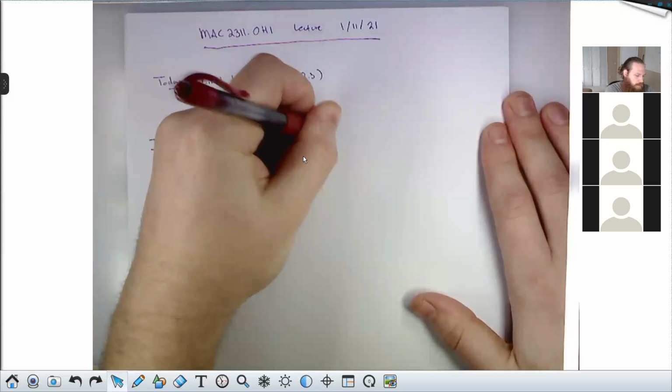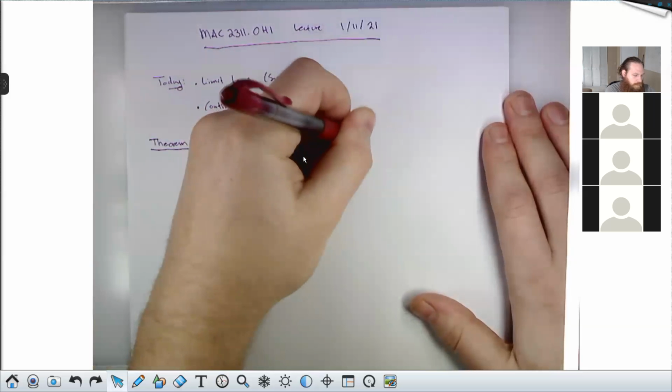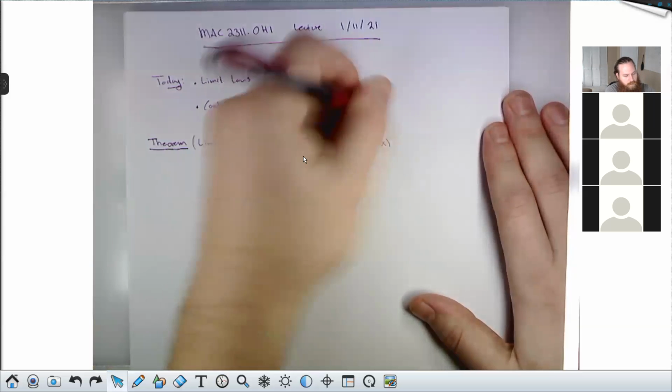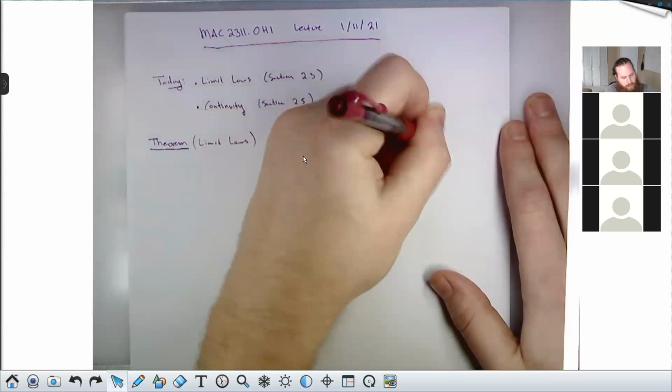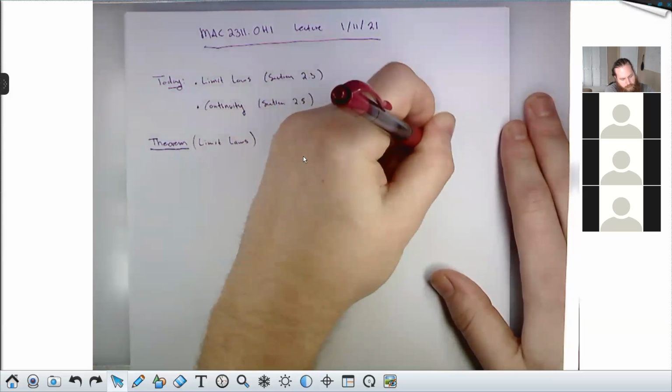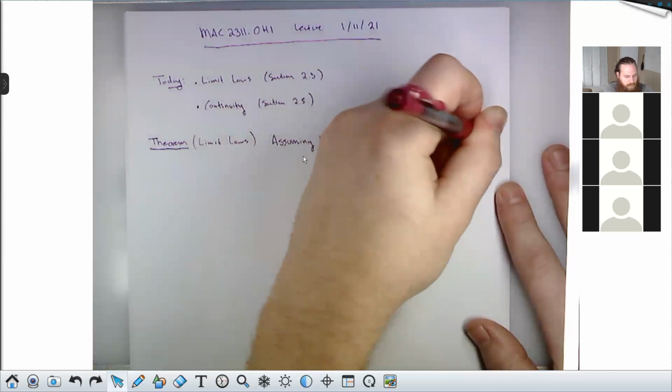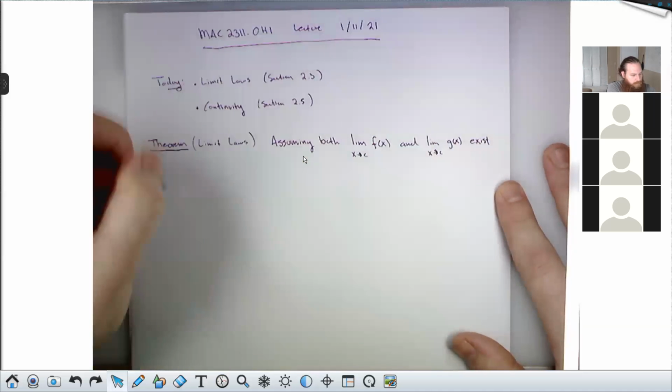that both the limit as x approaches c of f of x and the limit as x approaches c of g of x exist, we have the following facts.